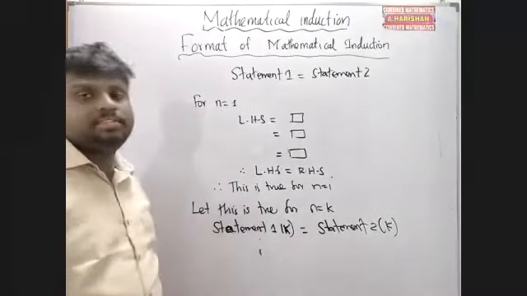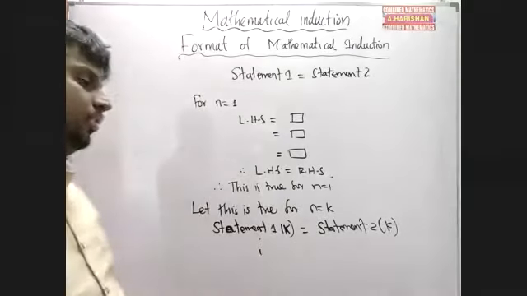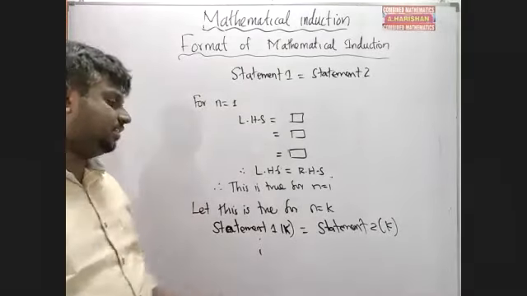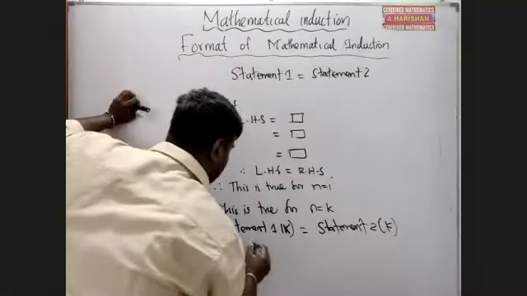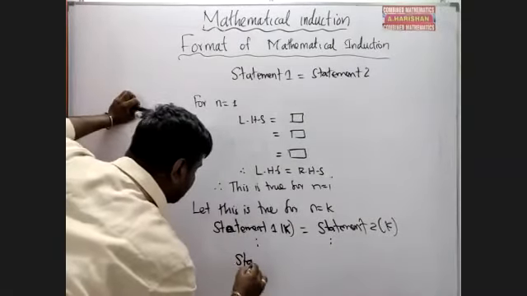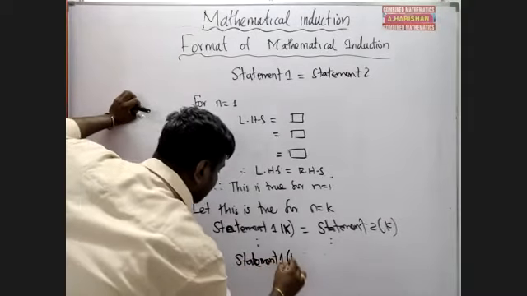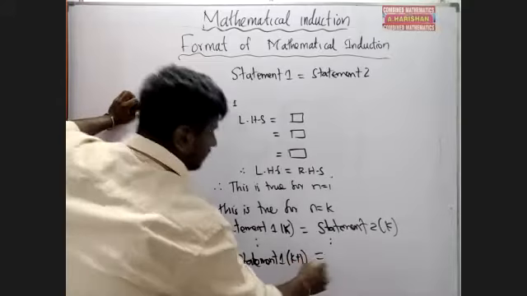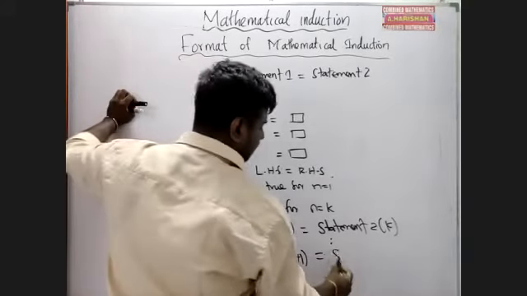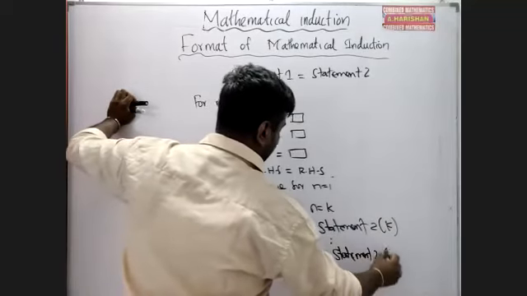So this is the format that we are going to follow, the mathematical induction. So copy this, statement 1, statement 2. After the process, put dot, dot, dot. So we will prove that statement 1, k plus 1, by putting k plus 1 equals statement 2, k plus 1.